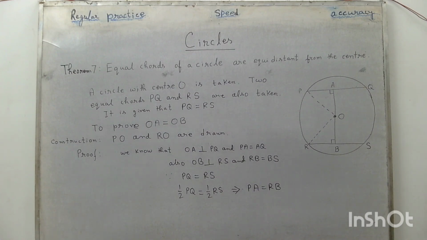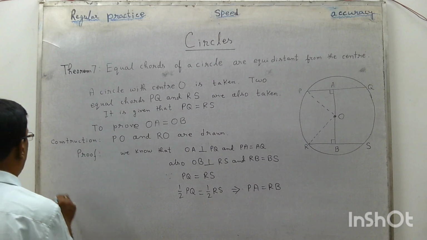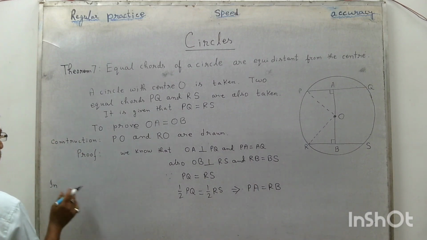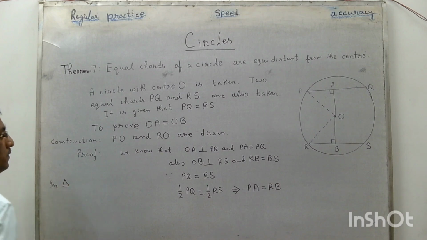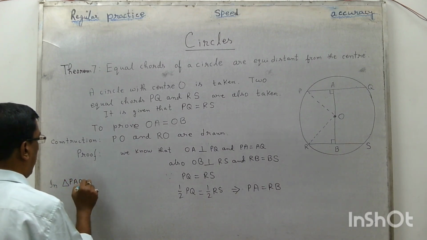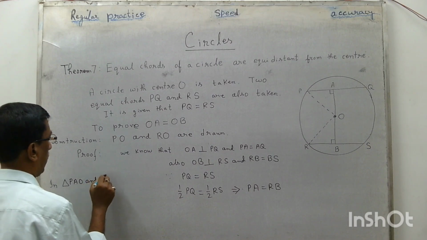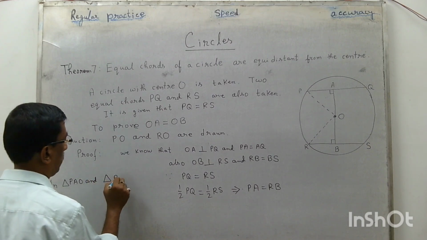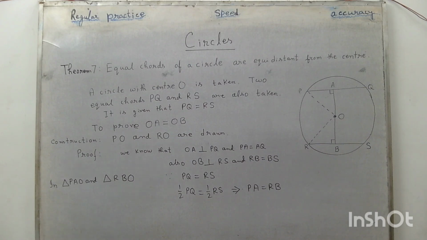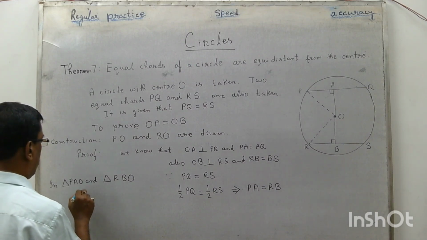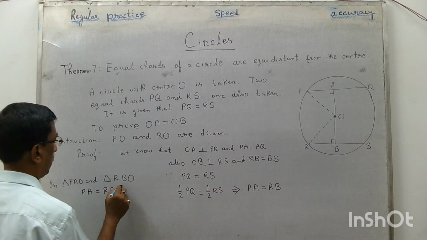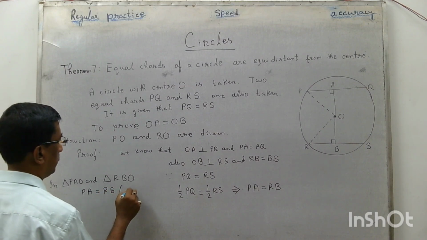Now in यहाँ पे इसके स्पेस कम है, यहाँ लिख रहे हैं इन triangle PAO and triangle RBO, PA equals to RB. Proved.